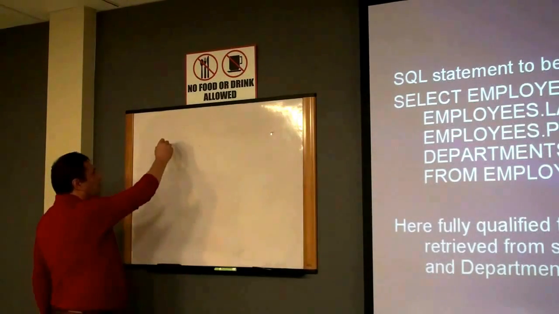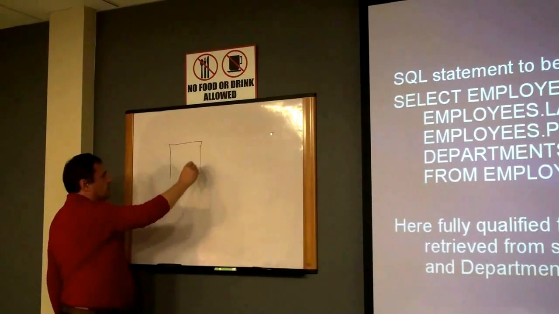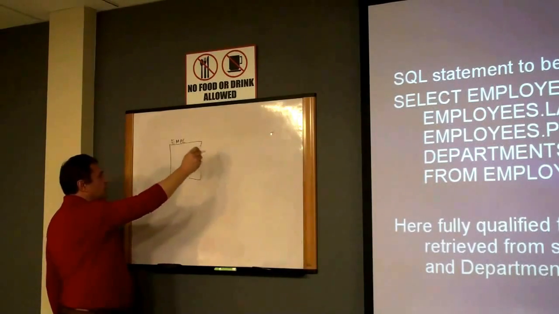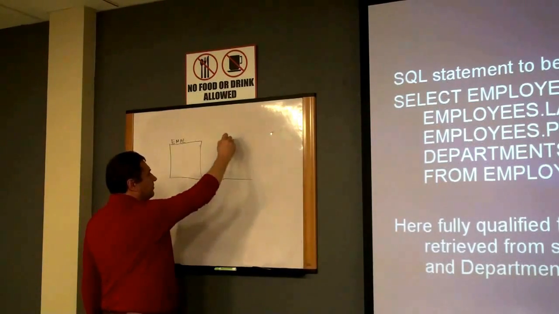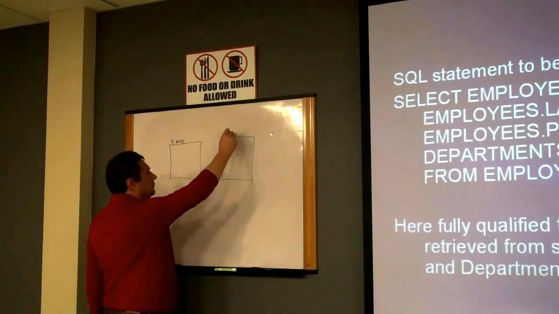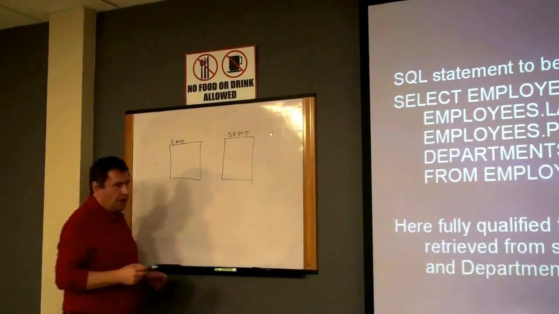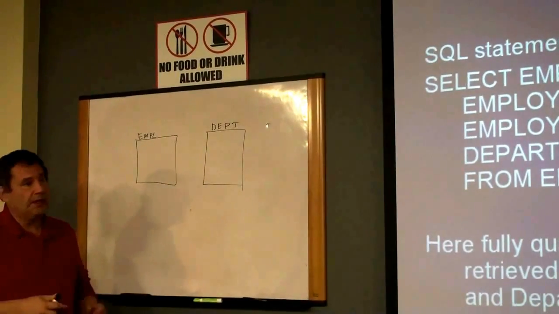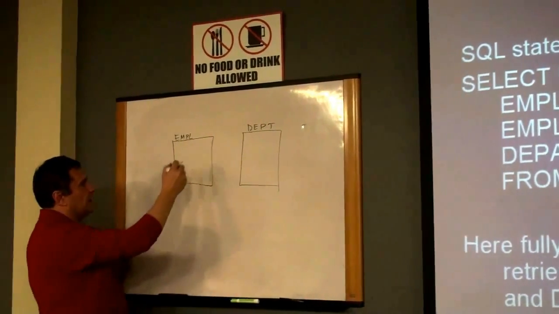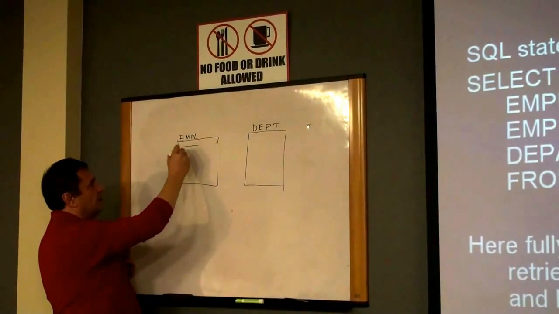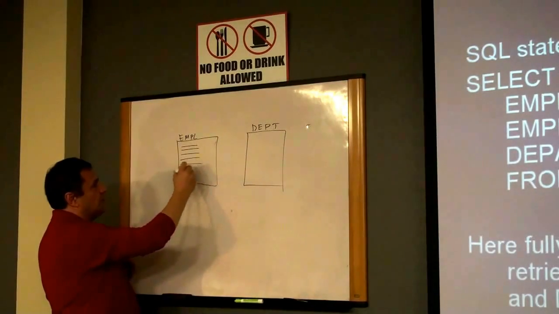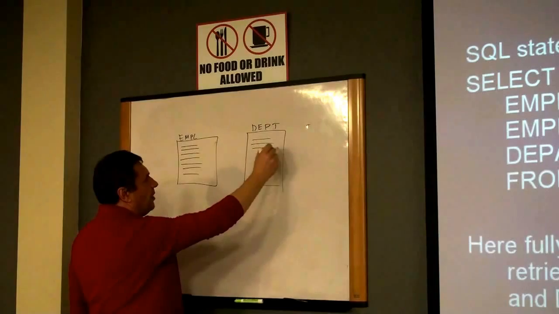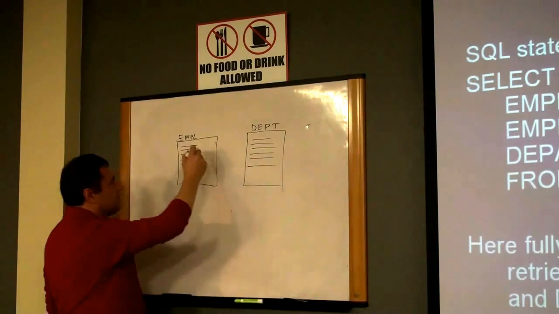From the database point of view, we have two tables here which we listed: the employees table and the departments table. When we combine these two tables together in a query, what Oracle does, and not only Oracle but the database in general, is it looks at the entries in the employees table and the entries in the departments table.